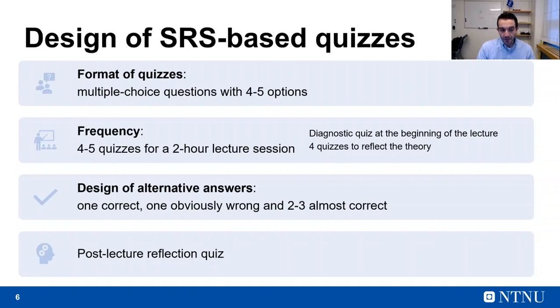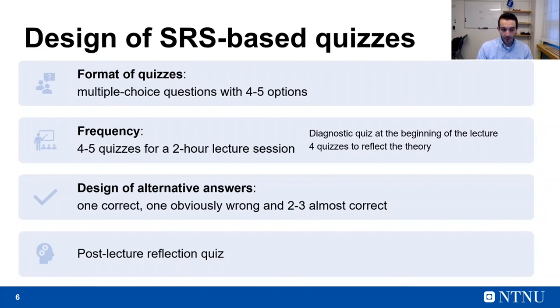And then a special focus was put on designing the alternative answers. So how I designed the 4 or 5 options. I always had 1 correct, or 1 very correct, 1 obviously wrong, that it was wrong at first sight, and 2 or 3 almost correct or almost wrong answers, in order to make the students think a little bit and trigger their critical thinking.